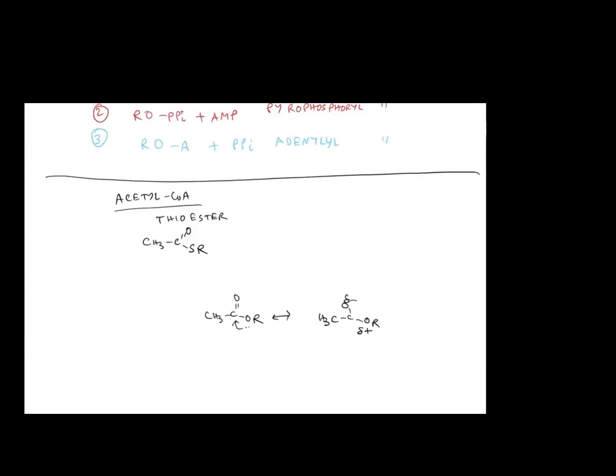It can participate in resonance stabilization, and we have seen a lot of examples of that in organic chemistry. But that type of stability is not in the thioester because it's sulfur, the next one on the group down the row. So inherently, the thioester will be a higher energy compound than the ester.